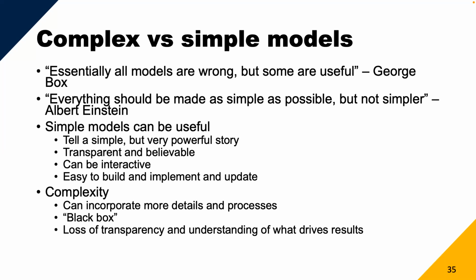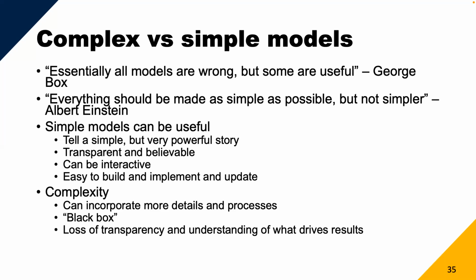So we will get more into higher level systems modeling that's going to be more complex. And the complexity allows you to incorporate more details and processes, if we want to talk more specifically down to an engineering level of detail, that sort of thing. And that can incorporate a lot more of these details than the simple models that we talked about today can.